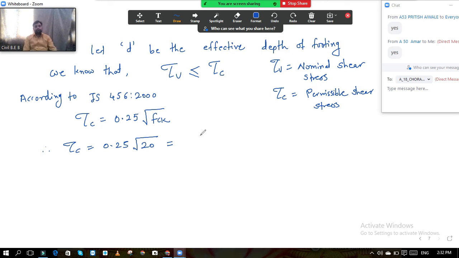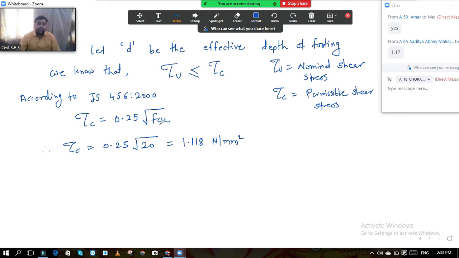Let me know the answer. 1.12. Okay, the exact value is 1.118 Newton per mm square, because we have kept fck in Newton per mm square.